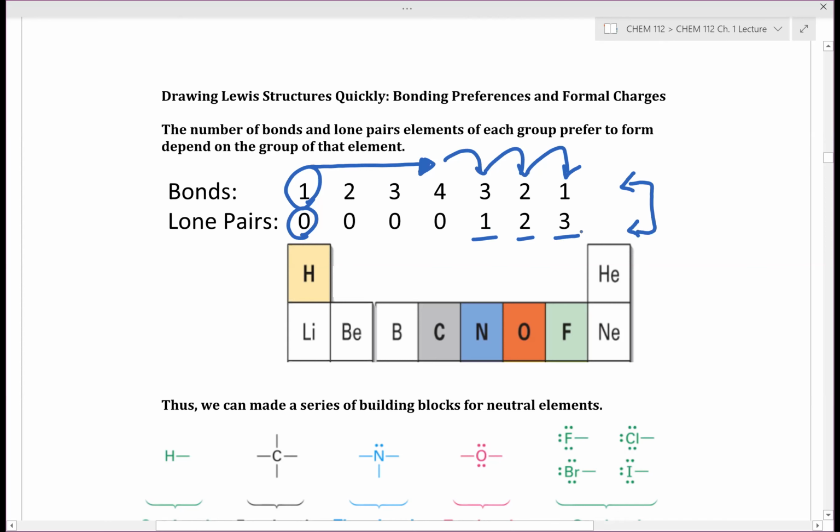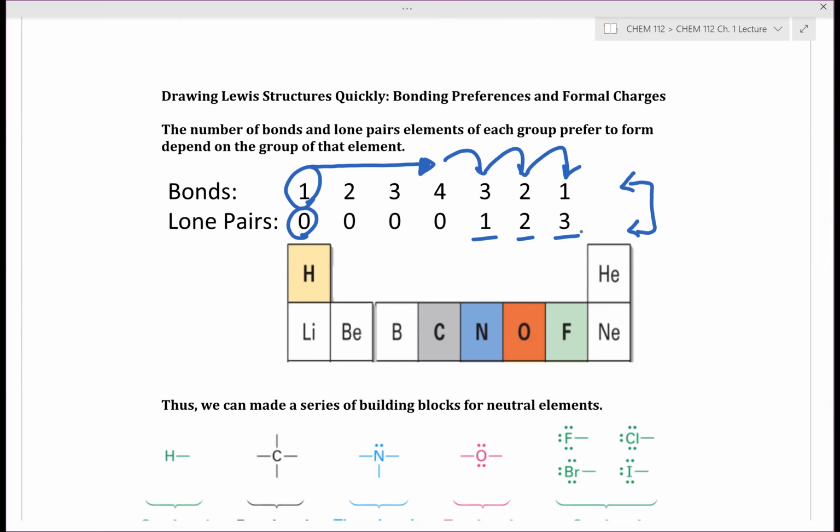This has to do with the formal charge calculation, but this is a nice little mnemonic to remember for common bonding preferences. Carbon likes to form how many bonds? 4. Nitrogen likes to form how many bonds? 3. And how many lone pairs does nitrogen like to have? 1. Yep. It's best thought of as the rule of 4.